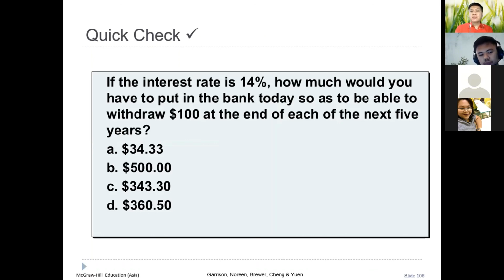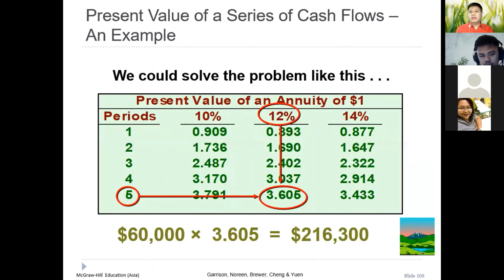So if it is 14%, what's the annuity factor? Here, it's 3.433. Okay, how did I get 3.433? Pag bumalik tayo sa Excel file kanina, yung under 14% column, i-add ko lahat, no? The present value factors from period 1 to period 5. And I should arrive at 3.433. Right?